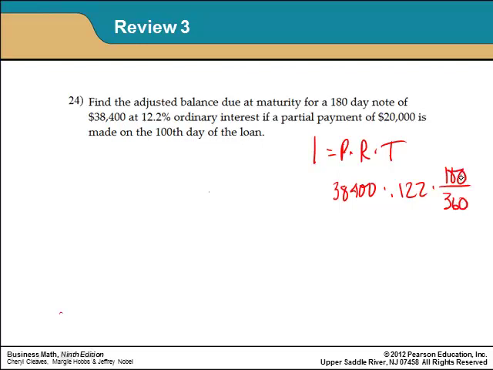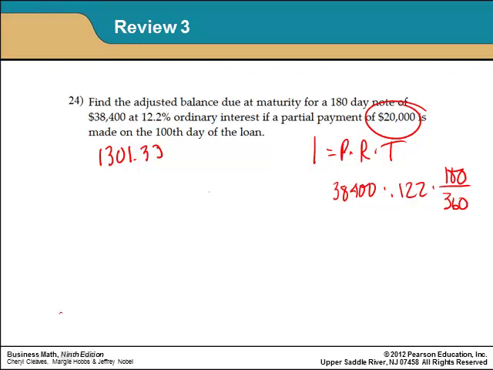So 38,400 times 0.122 times 100 divided by 360 is $1,301.33 of our $20,000 is interest.